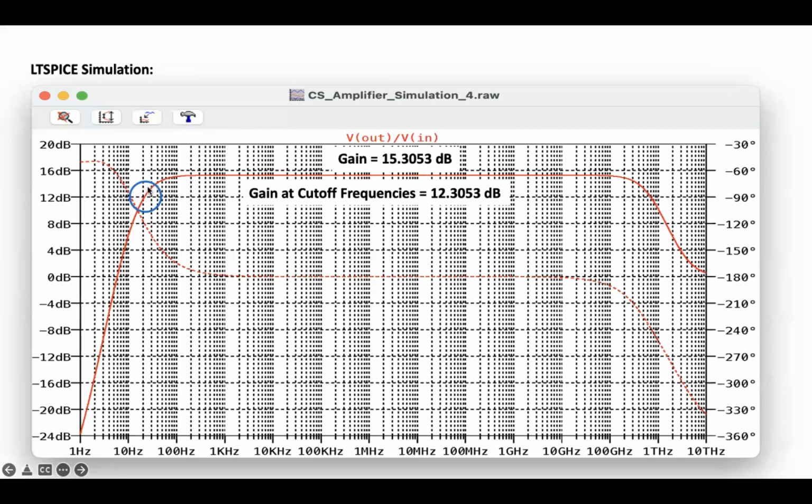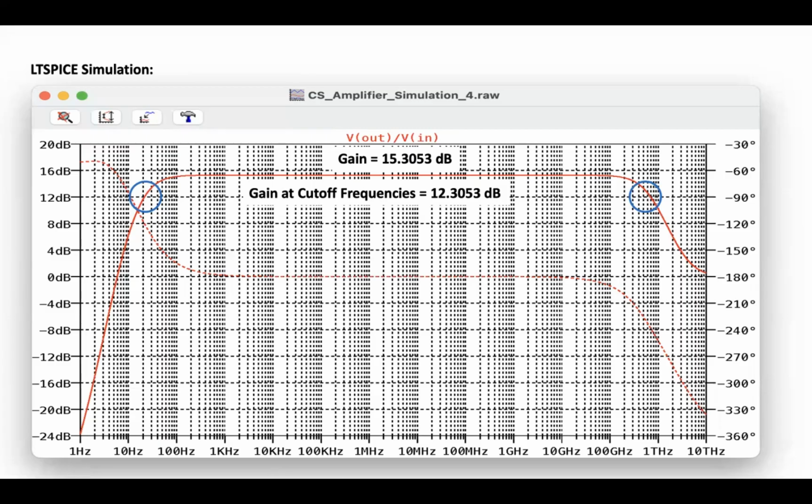And that would be the lower cut-off. And also, pag tinuloy-tuloy mo yan, you also have here the 12.3 dB. This will give us the higher cut-off frequency. Nasundan ba ito? Yes po, sir. Nasundan po.